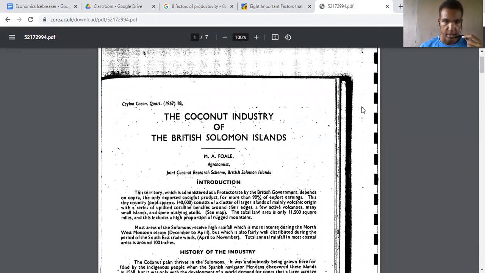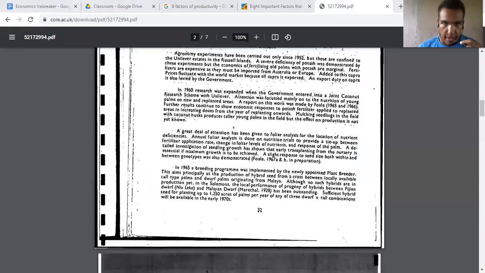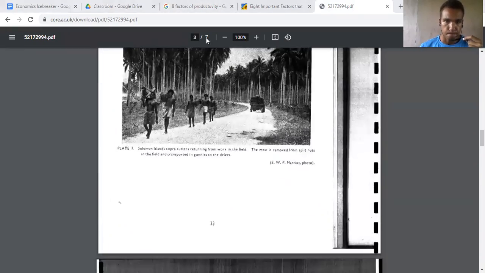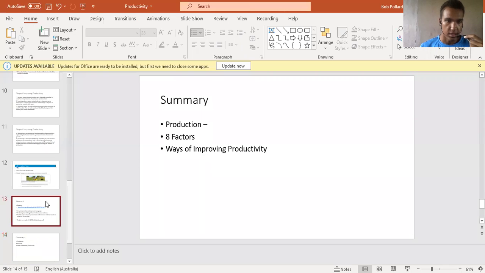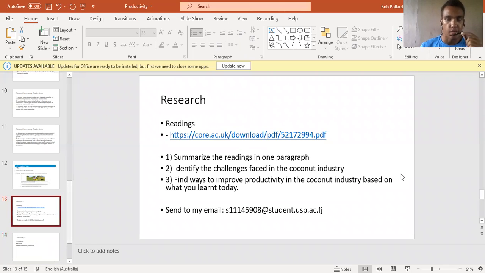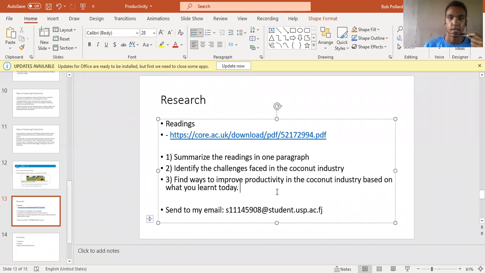Have a read about it and tell me, so just summarize the reading in one paragraph, what you learned about the reading. Number two, identify the challenges faced in the coconut industry. And number three, find ways to improve your productivity in the coconut industry based on what you learned today.